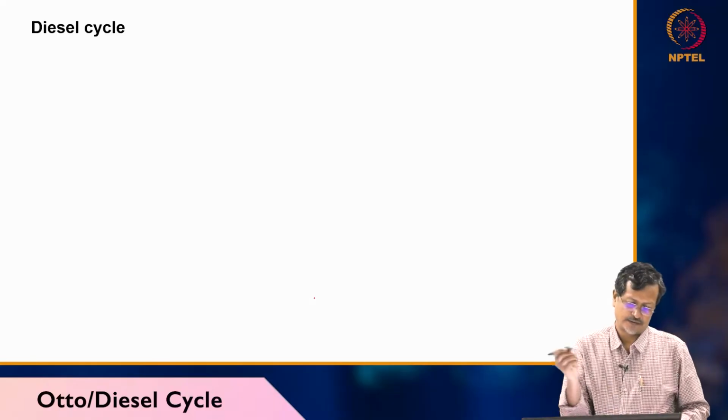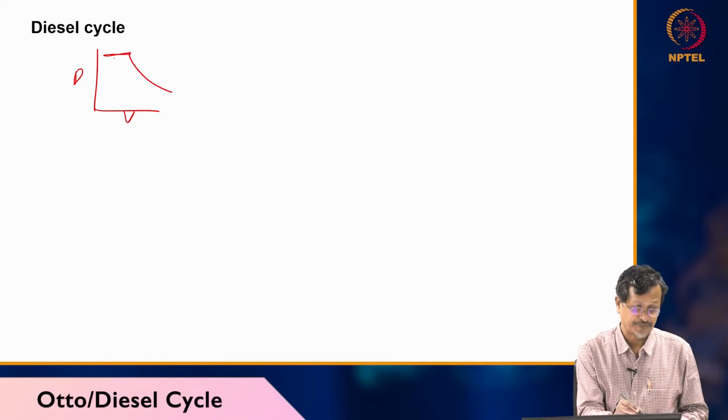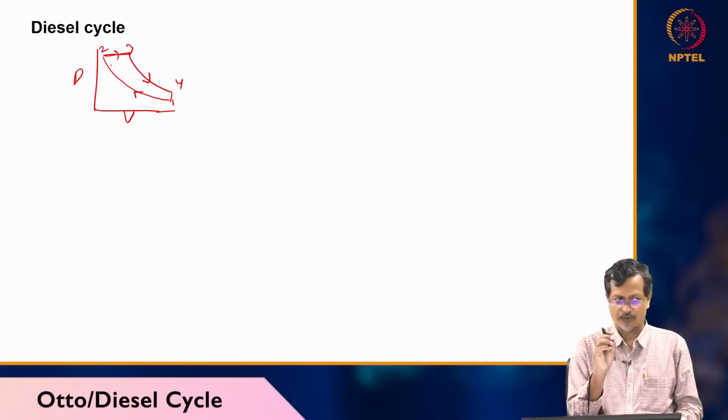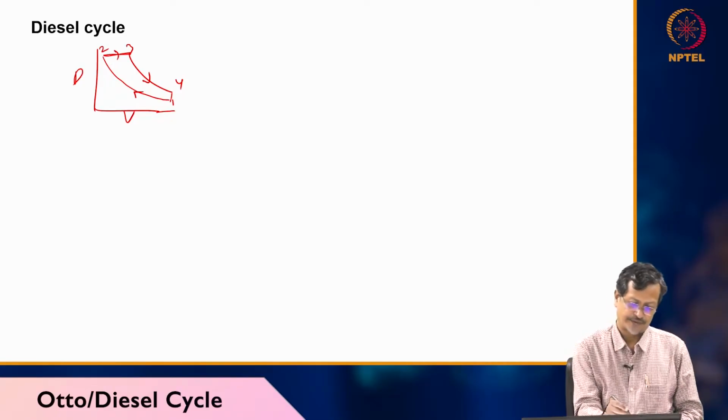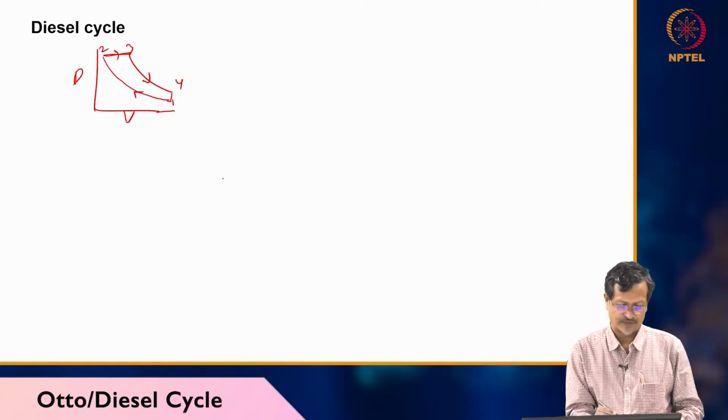Diesel cycle: we discussed that on the PV diagram the heat addition process is horizontal, meaning a constant pressure process. Points 1, 2, 3, 4. Whenever you are drawing, please put proper arrow directions also. If you put the wrong arrow direction, the meaning will be different, and you may not get marks.